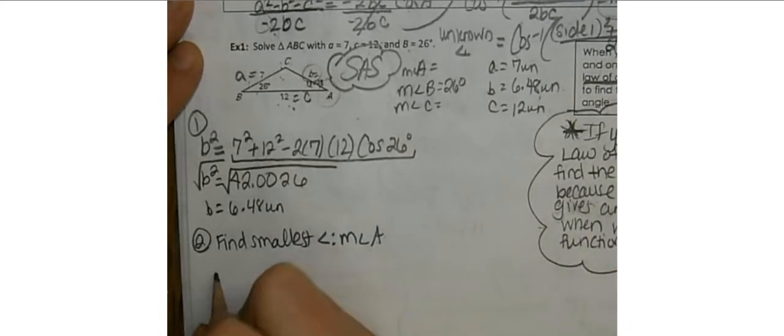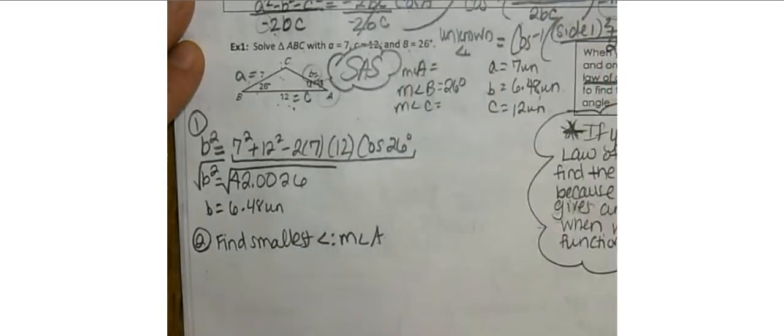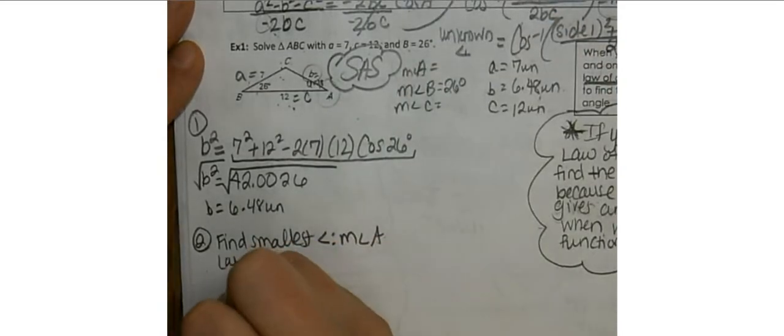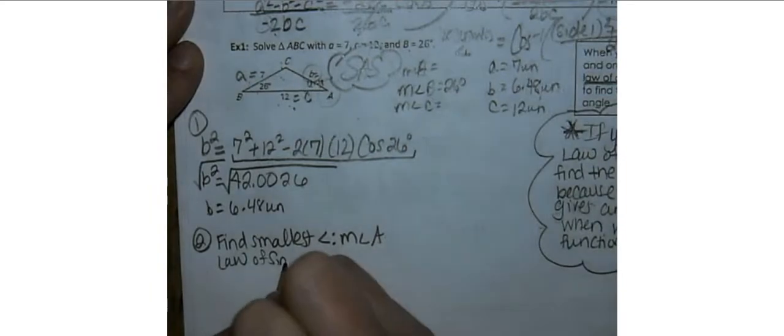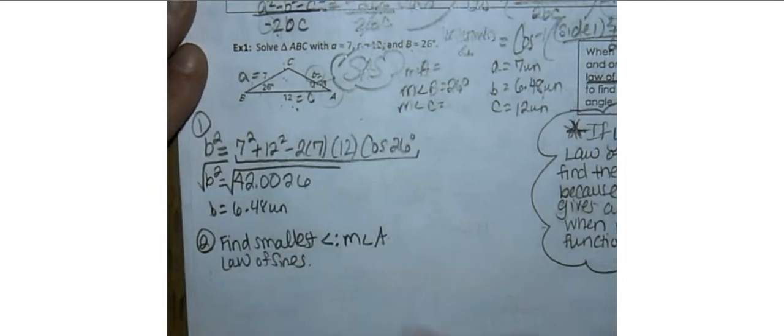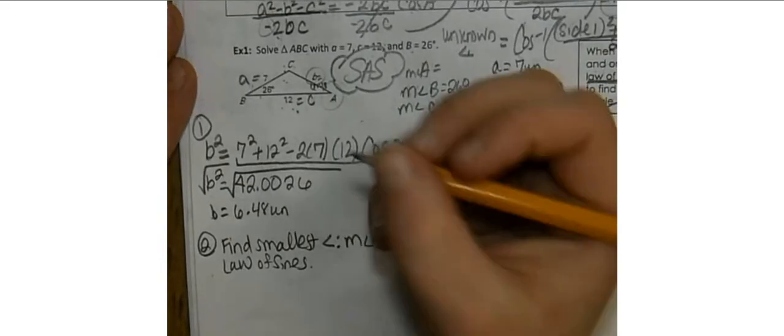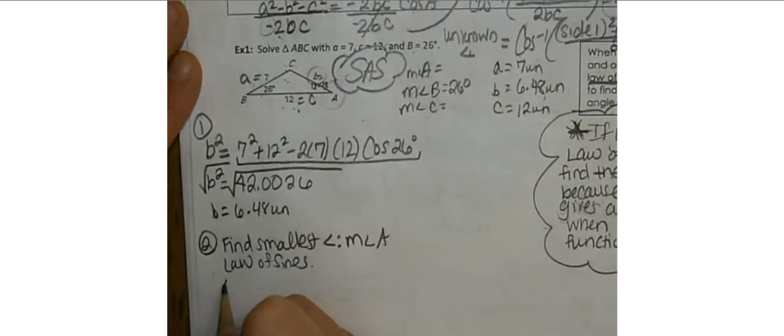For the measure of angle A, I'm going to work with the law of sines. So I'm going to work with my given information, my B information.